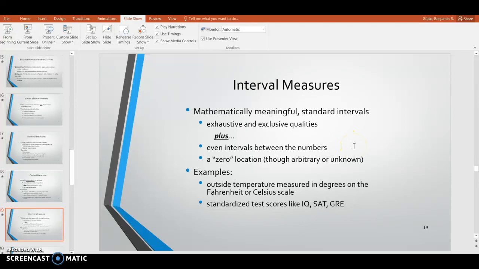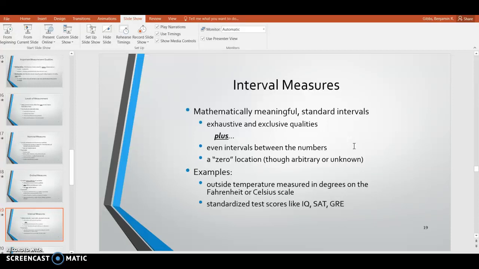Then we have interval level variables. Interval level variables, or interval level measures, do have mathematical properties to them, and they can be rank ordered. The issue is that interval level variables have no true zero. A zero indicating nothing, essentially.